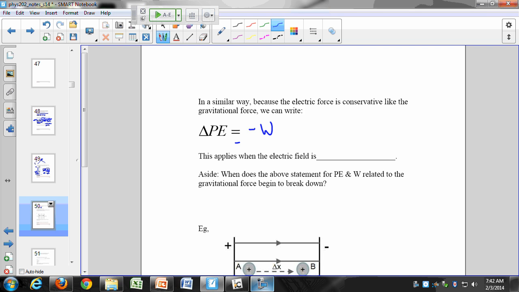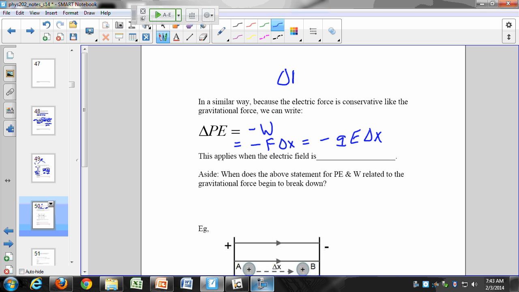And that negative of the work is going to be the negative of the force times delta X, just like we had with the gravitational force. But here the force is something different. If we're moving in a gravitational field, the force is equal to m times g. But when we're moving in an electric field, the force is measured by q times E. That's based on our definition of the electric field. So this is equal to negative QE delta X.